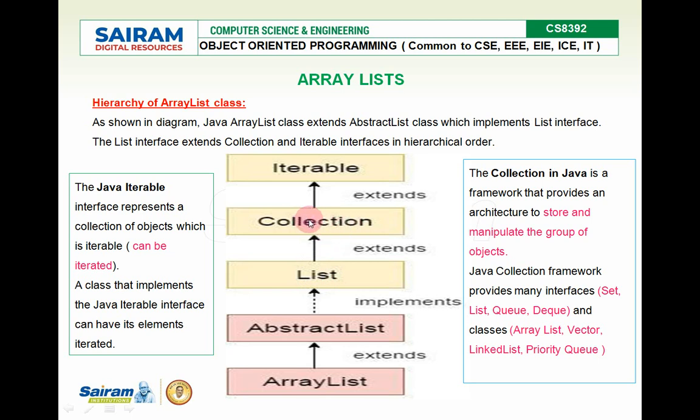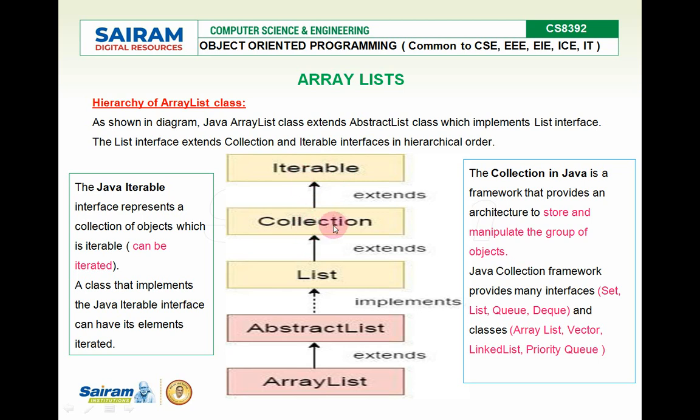The Collection interface inherits from the Iterable interface. All these yellow boxes are interfaces, and these two are classes. So ArrayList is a class extending AbstractList, which implements the List interface. The List interface extends the Collection interface as well as the Iterable interface.